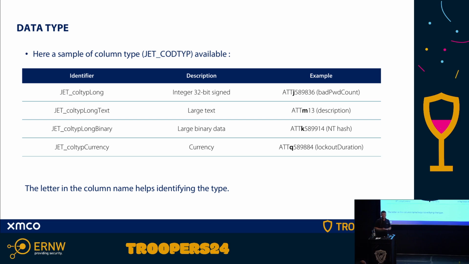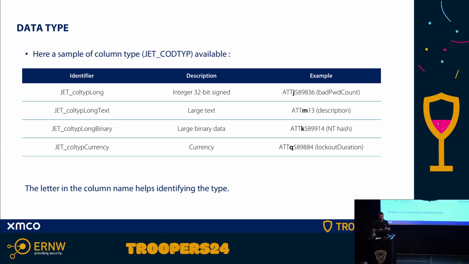Data in the NTDS has types, of course, different types. We are not exhaustive here, but you have integer, large text, etc. In the column names, you have a letter, and this letter indicates what kind of type is inside your column.